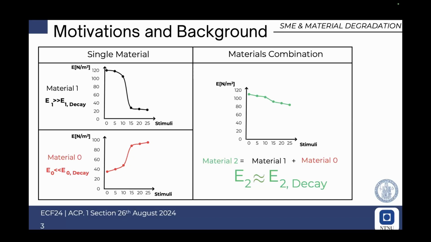This concept of the transformation, in our mind, was associated with the concept of degradation. And so we wanted to apply the idea of evaluating a combination of basic unit cells in terms of degradation.